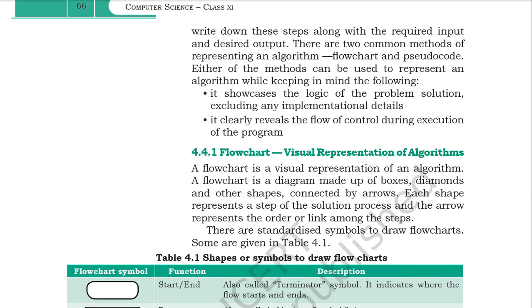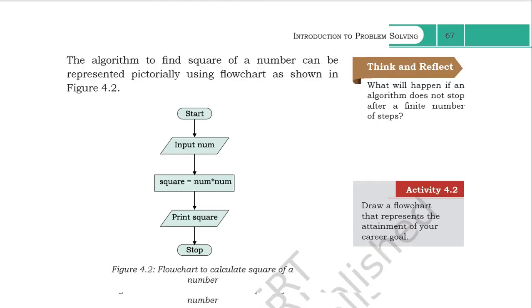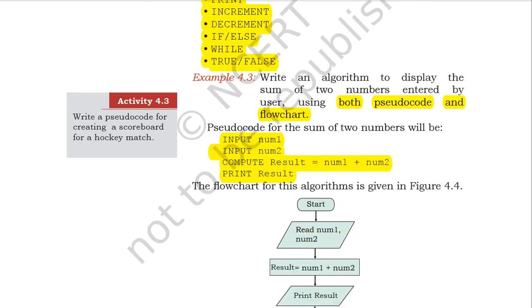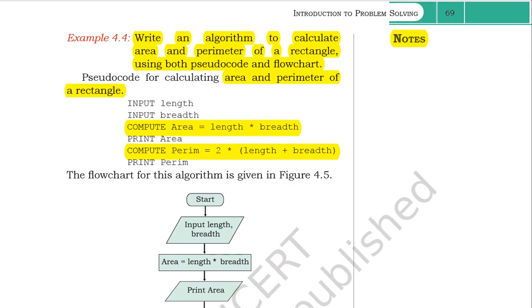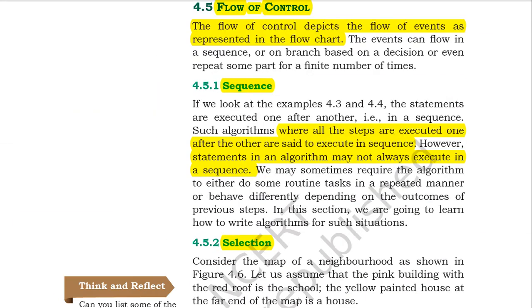This is an important part. We can represent an algorithm either with the help of a flowchart or by pseudocode. In this lesson, we learn about pseudocode and flowchart, and there are many examples given in this section. Please go through all those things.